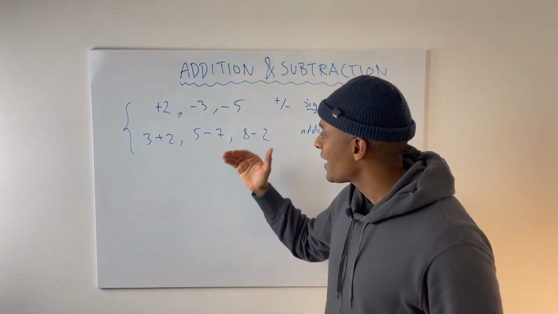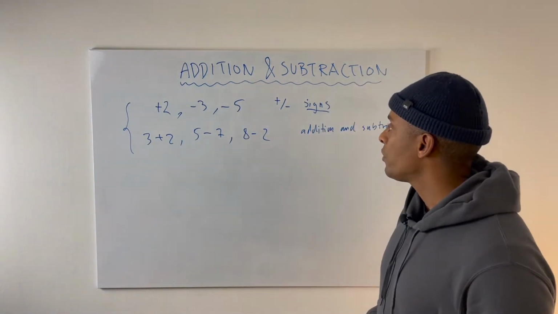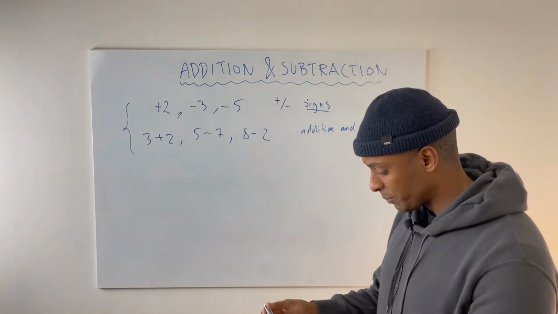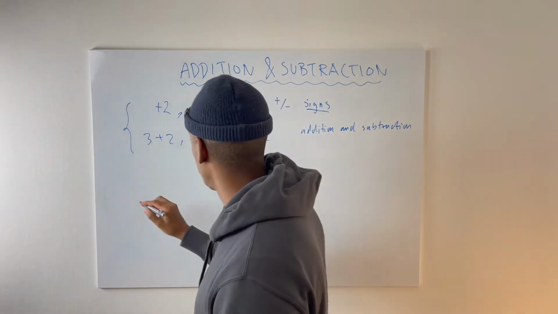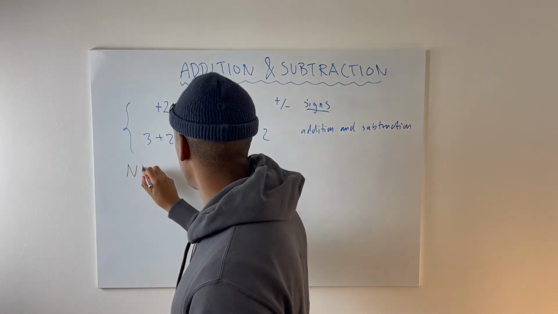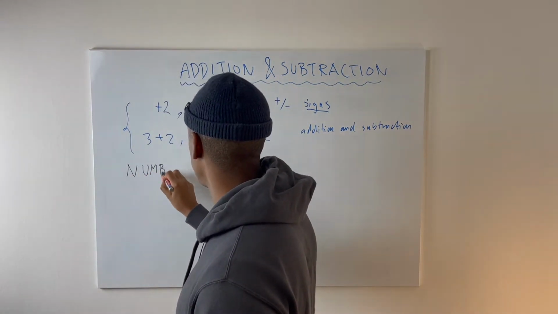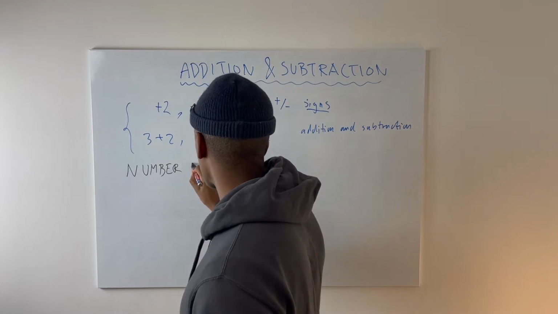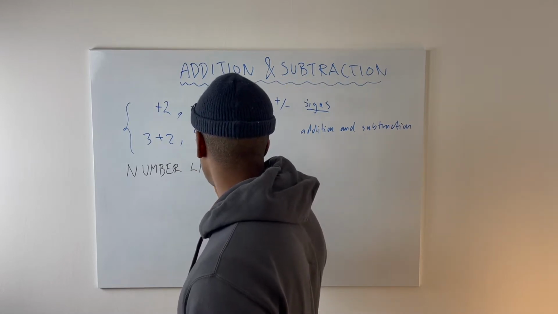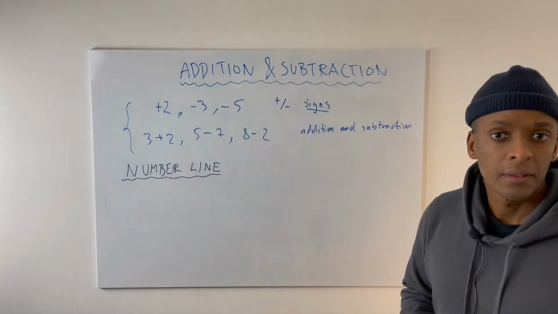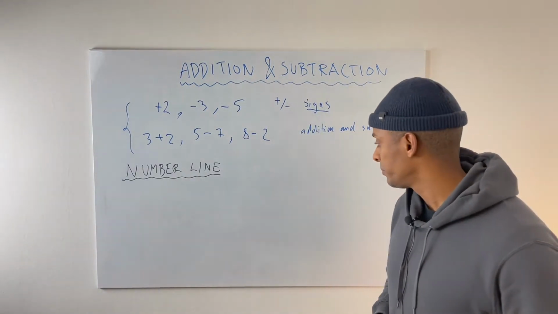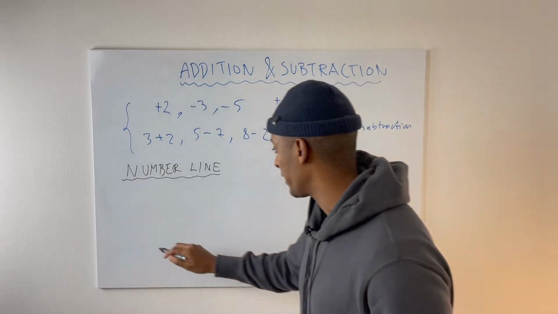So to understand this, one thing we normally use is something we call the number line. Okay? And the number line is very simple. It's simply a line at the end of the day.